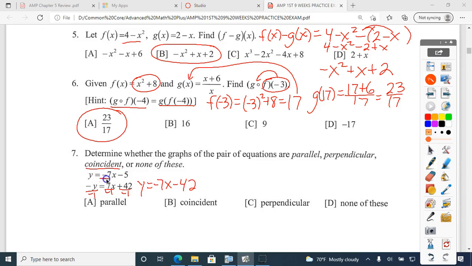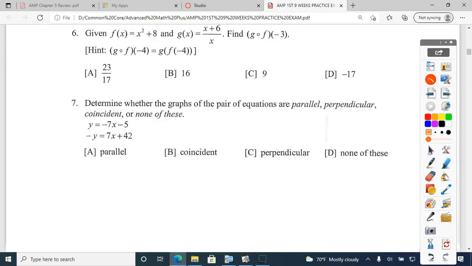And now, since the slopes are equal, but the y-intercepts are different, that means these lines are parallel, okay? If the slopes were the same and the y-intercepts were the same, it would have been coincident. If the slopes are opposite reciprocals, it would have been perpendicular. And if the slopes are just different, not necessarily opposite reciprocals, it would have been none of these, okay?